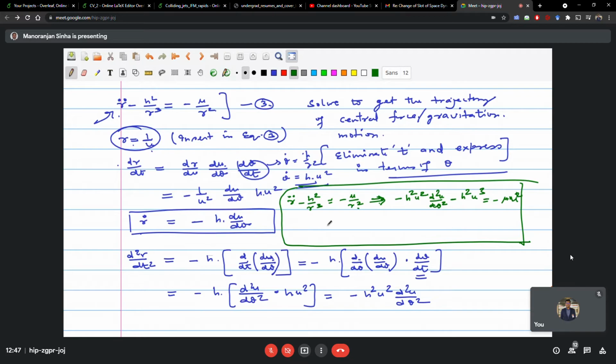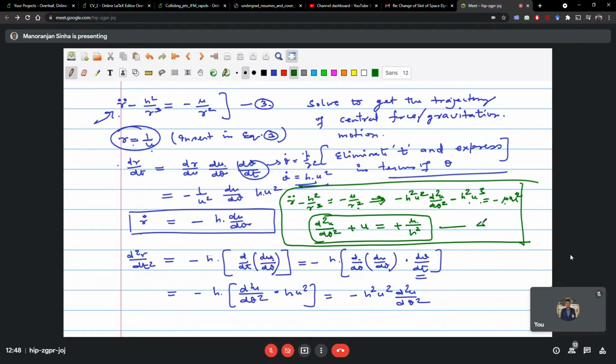The minus sign can be eliminated, and this can be written as d square u by d theta square plus u is equal to mu by h square, where the h square u square cancels out.